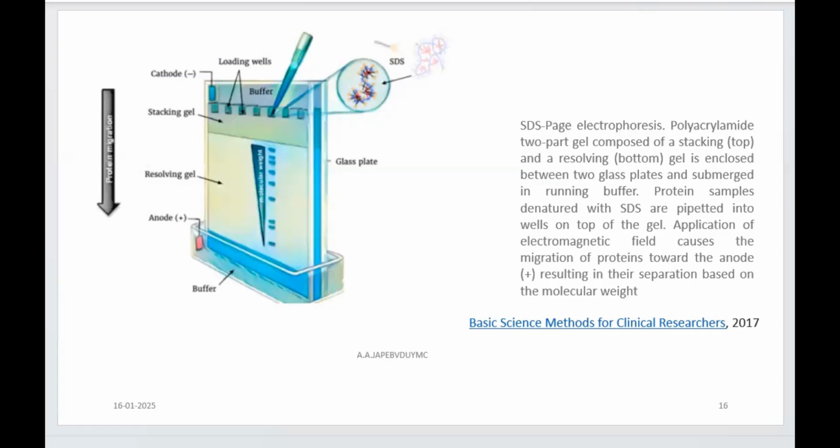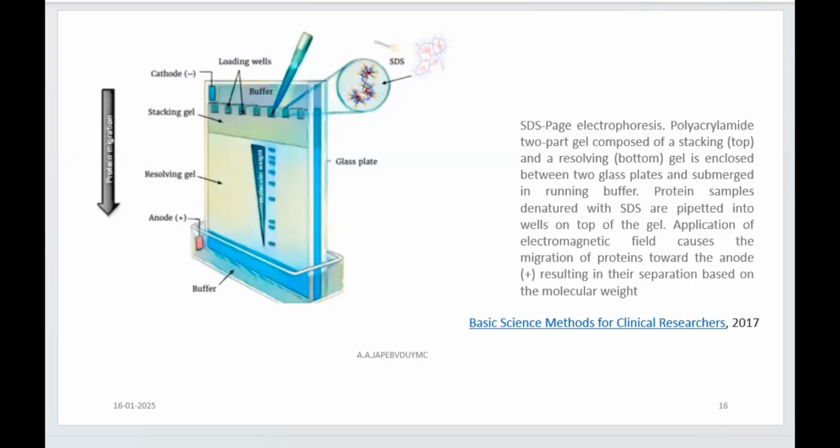Thus, you have to adjust the concentration of three species. What are those three species of your interest? It is chloride ion, glycinate ion, and protein-SDS. So you have to adjust their concentration. Chloride ion is going to move fastest, then protein-SDS, and then glycinate. There is a small quantity of protein-SDS complex, so it can concentrate in a very tight band between glycinate and chloride ions.